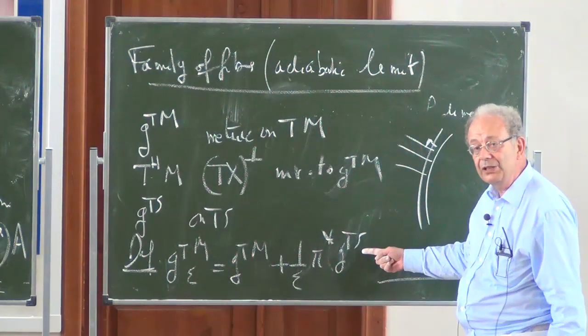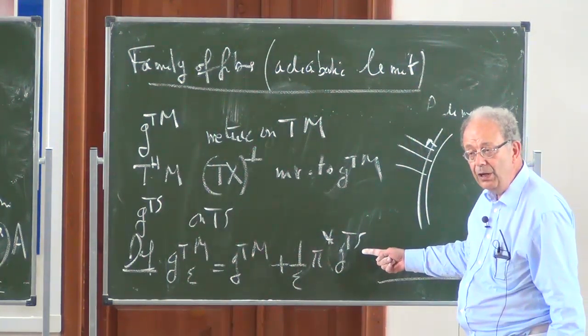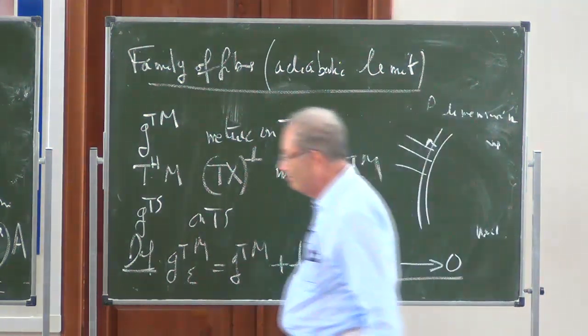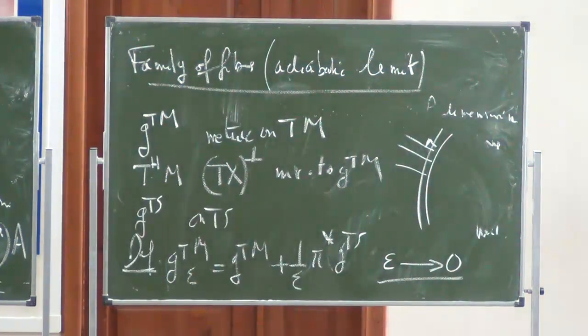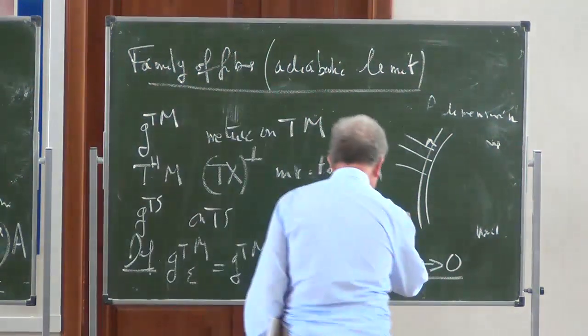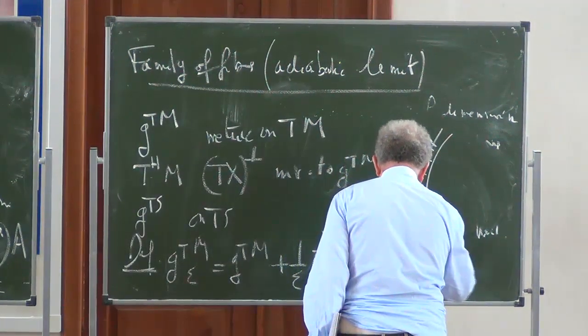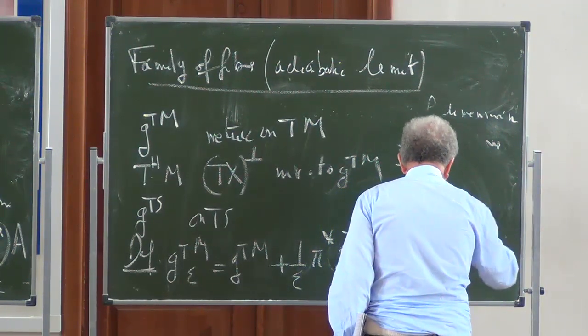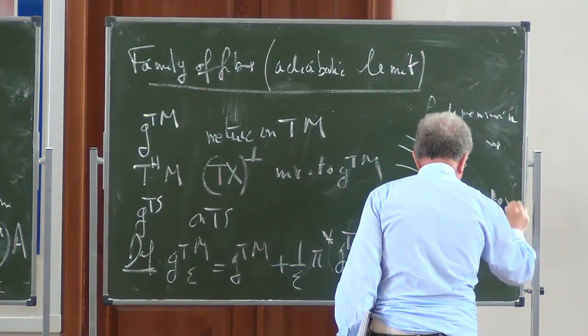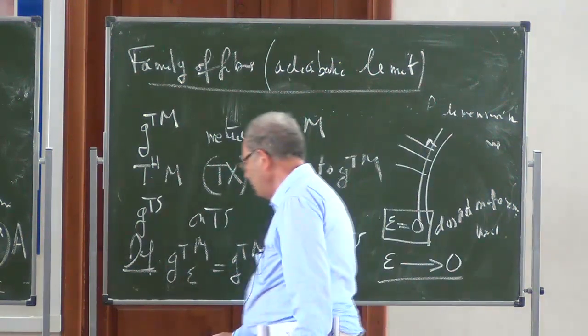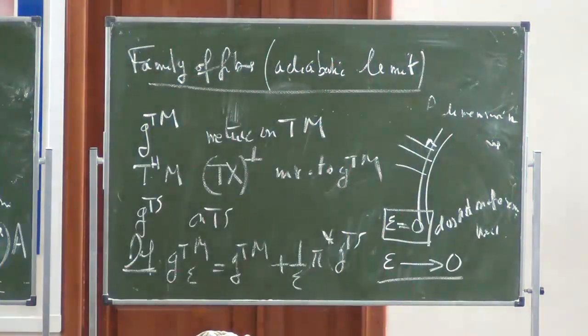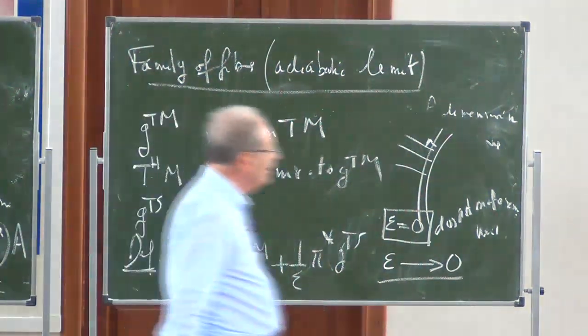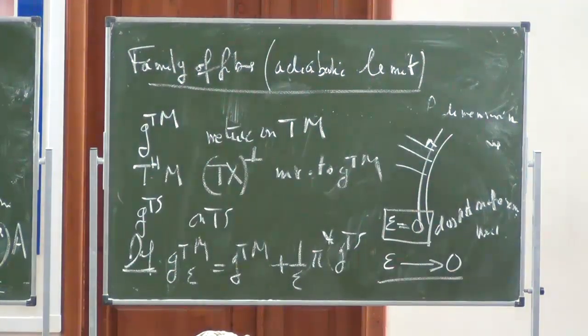So that makes the distance between the fibers extremely large as epsilon tends to 0. Of course, when epsilon is equal to 0, this does not make sense a priori. But indeed, there is a first elementary observation, which is the following.